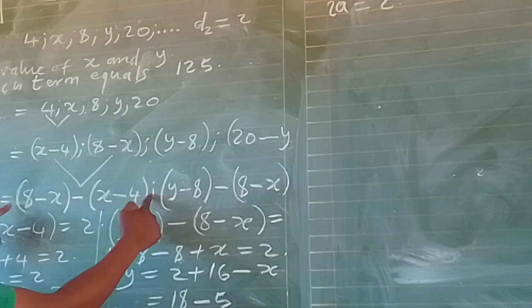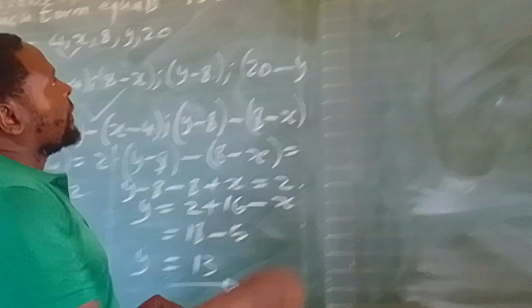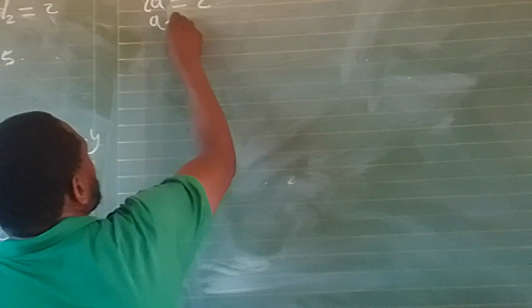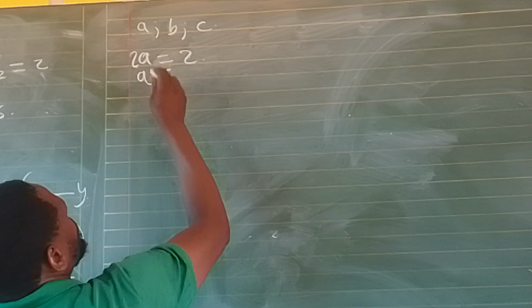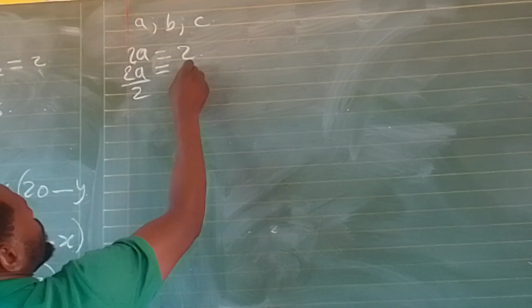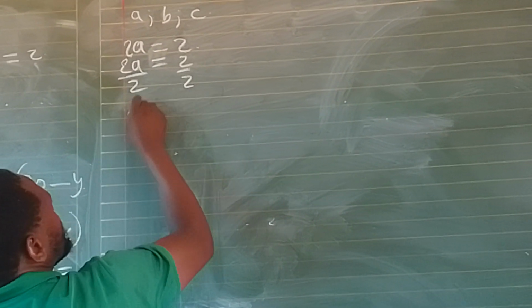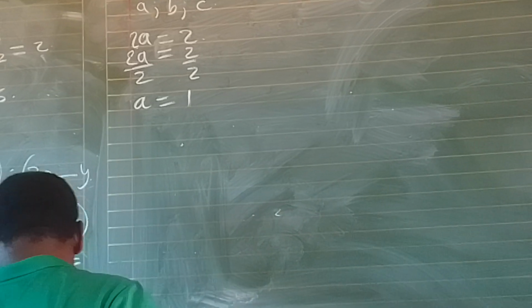This difference, this whole part, is 2. Then A is equal to, let's divide by 2 here, so that you will see that A is equal to 1.